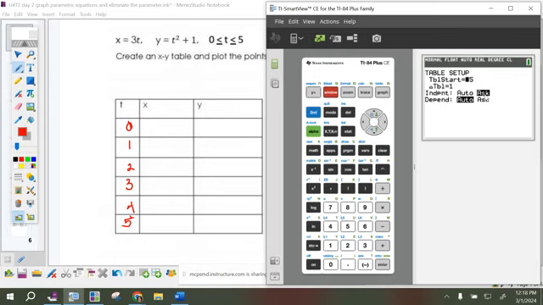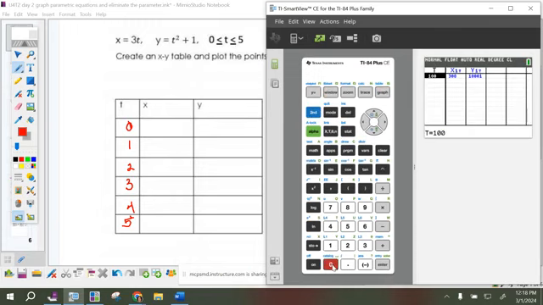If yours does not, arrow down and hit enter there. Now I can do second graph and type 0, 1, 2, 3, 4, and 5. And I get the x values and the y values for my graph.